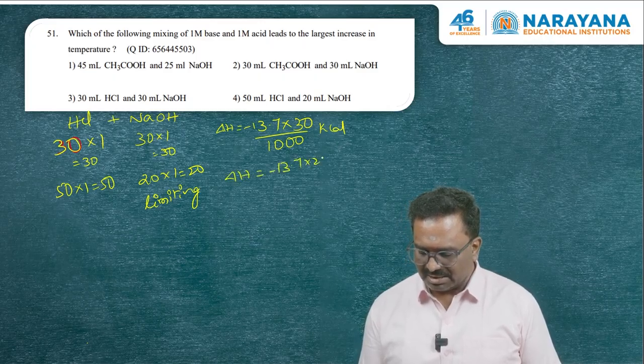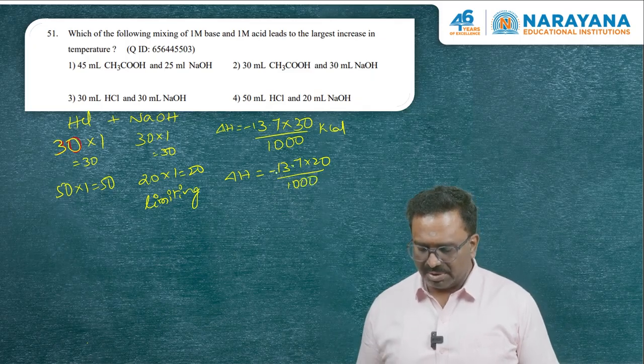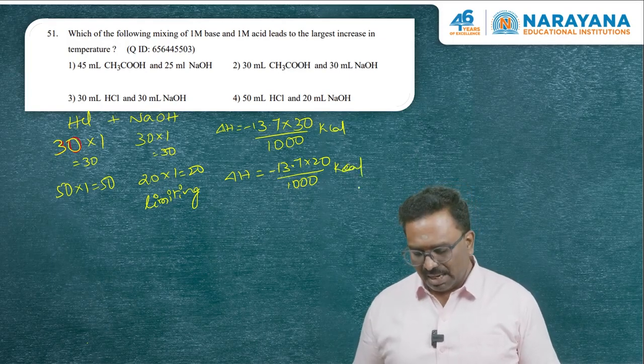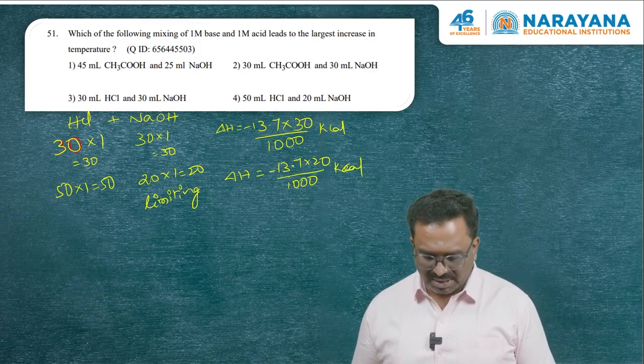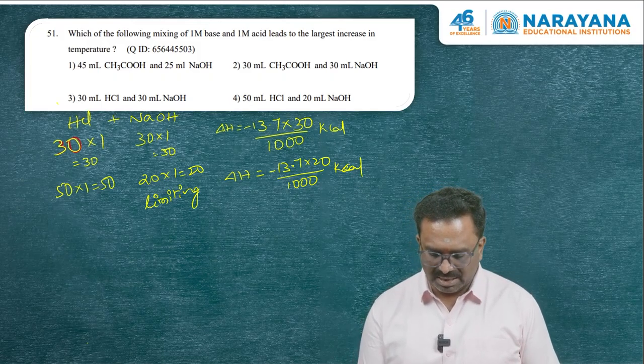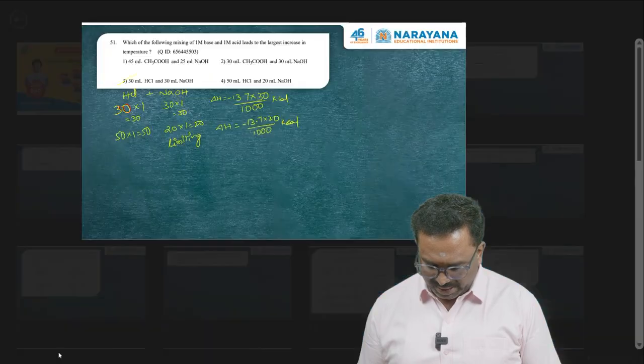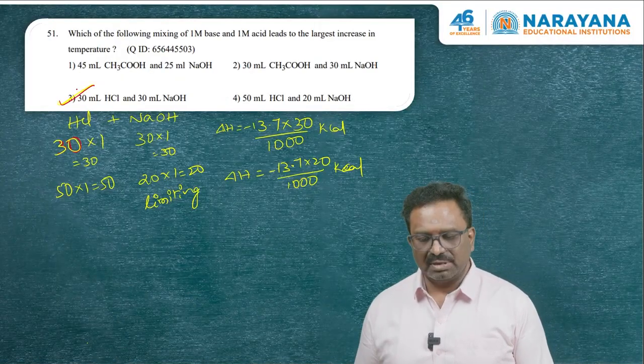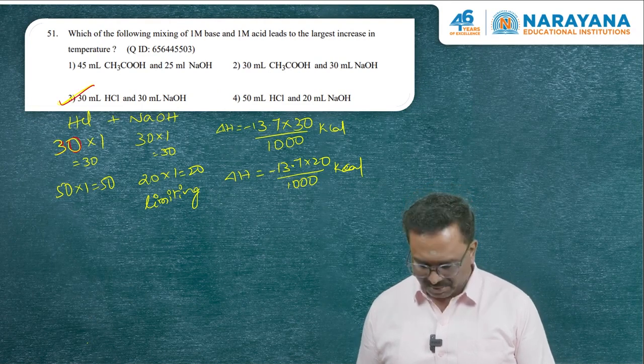The energy released is 13.7 into 20 by 1000 kilocalories, which is relatively less energy and leads to less rise in temperature. So the more appropriate answer among the given is 30 ml of HCl with 30 milliliters of NaOH.